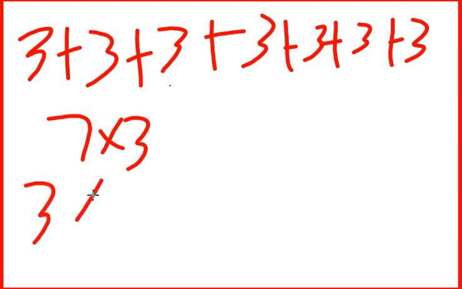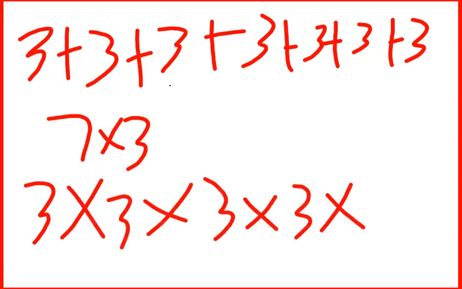Now, what about 3 times 3 times 3 times 3 times 3 times 3? That's 6 threes, so we multiply by 3 six times.